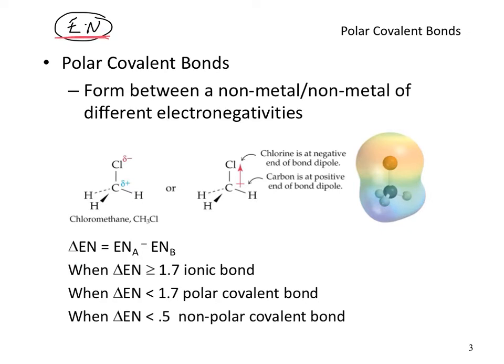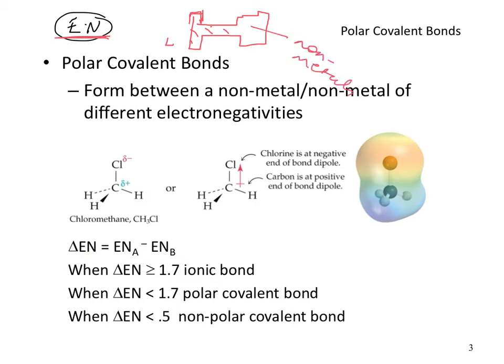On your periodic table, I'm just going to draw it like that. You have the left side, which is where all the metals are. You have the right side, which is where all the non-metals are.